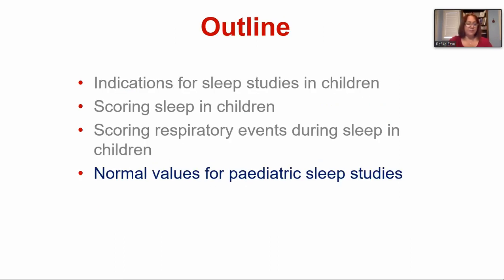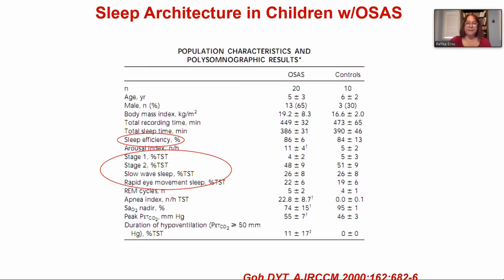So finally, before we go to questions, we'll look at the normal values for pediatric sleep, both sleep parameters and the respiratory parameters. So we already talked about sleep efficiency being around 89%. And good news is that in children with obstructive sleep apnea, the sleep architecture is quite similar to the controls.